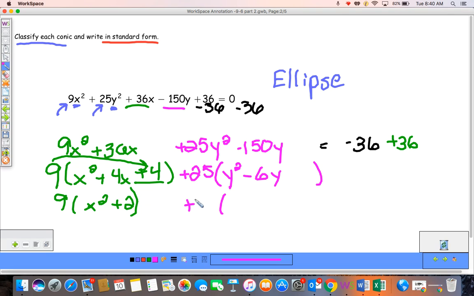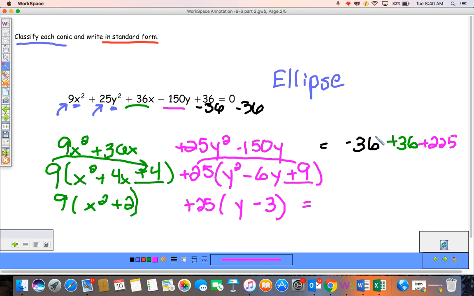So the 25 stays out here. We'll complete the square here, so we know that's y minus 3. We square that 3, so we know 9 has to go in there. And then 25 times 9. Whew, that's kind of a big one. I think that's plus 225. I think 9 quarters is $2.25.